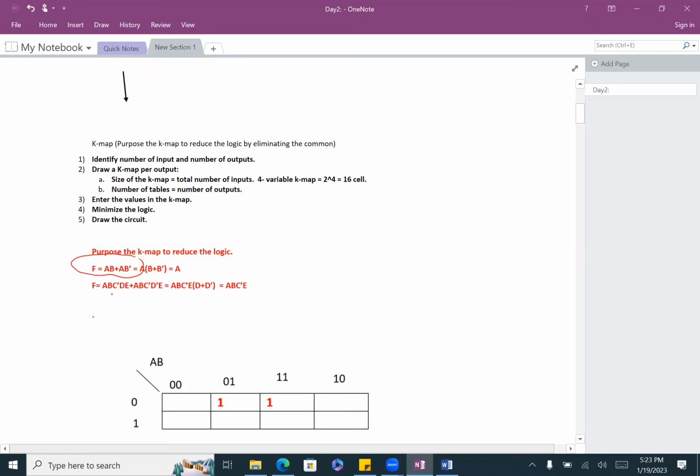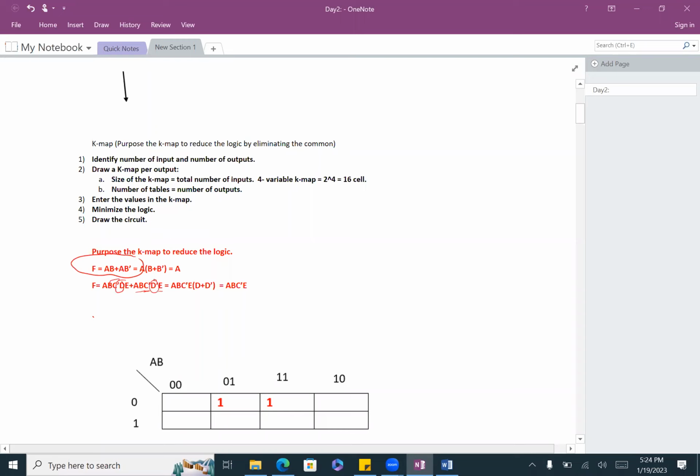You have A, B, C bar, D, E, and you have A, B, C bar, D bar, E. A, B is the same, C bar is the same, and E is the same. What's the difference? It's only the D here and the D bar here.